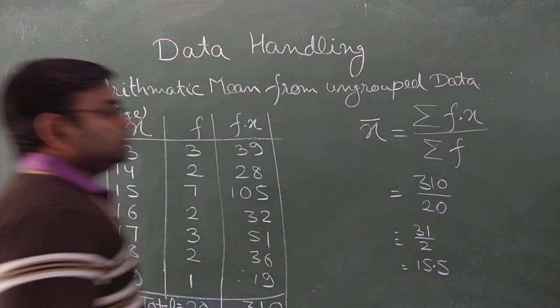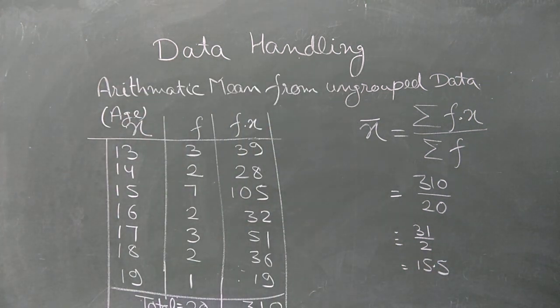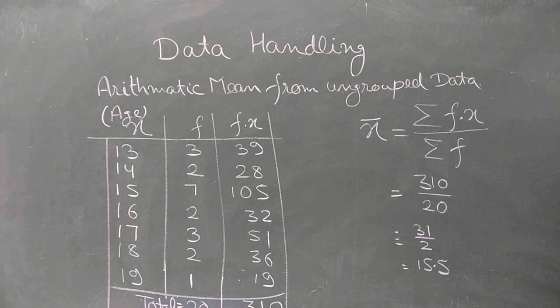So the mean is 15.5. So this is the arithmetic mean from ungrouped data. Hope this is clear to you. In the next video we'll discuss some other thing.